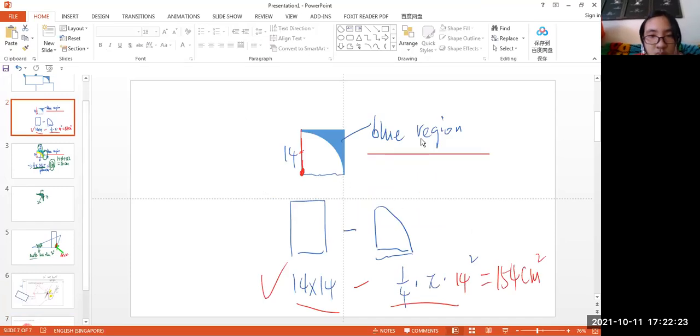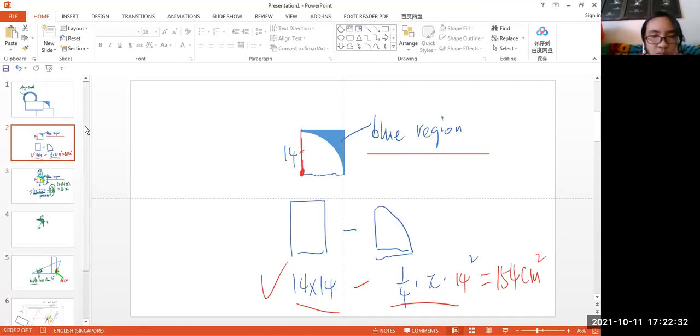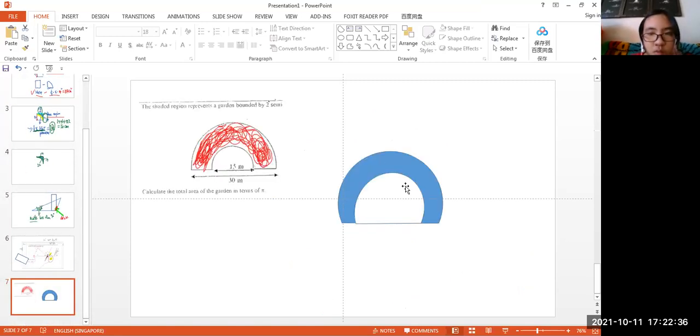Minus. What minus what? The small one and the big one. Yes, use the big one minus the small one.